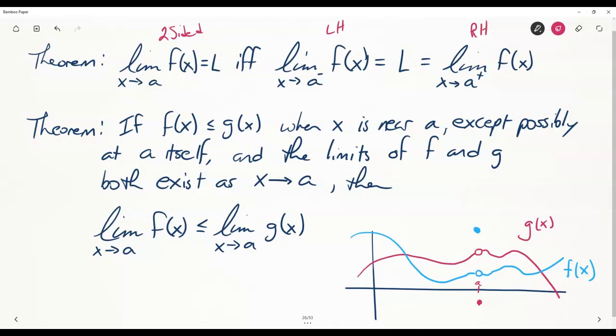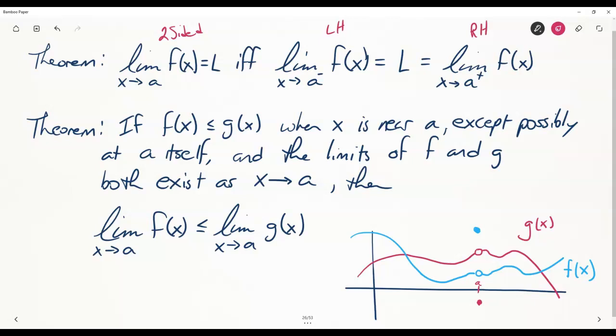But remember, limits don't care what happened at the number you're approaching, only what happens as you get close to it. So as far as the limits are concerned, these individual values don't even need to exist at all. We're only looking at the functions right here as x approaches a.